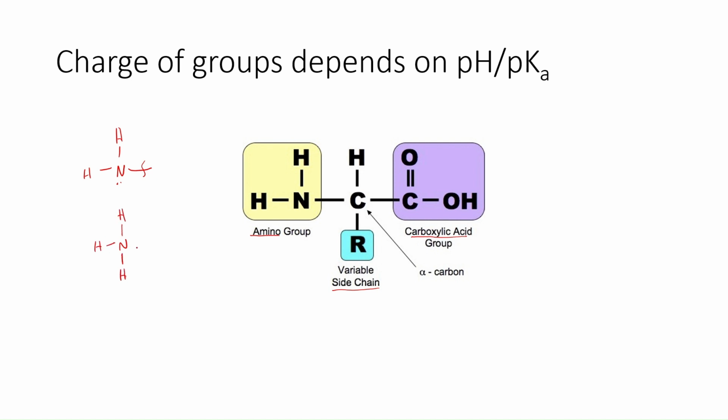This would be in a low pH environment, where there are a lot of protons available to protonate this nitrogen, and in this case, the nitrogen would gain a positive charge. That is called protonated. At higher pHs, like we see drawn above here, we are deprotonated, and there's no charge on the amino group.